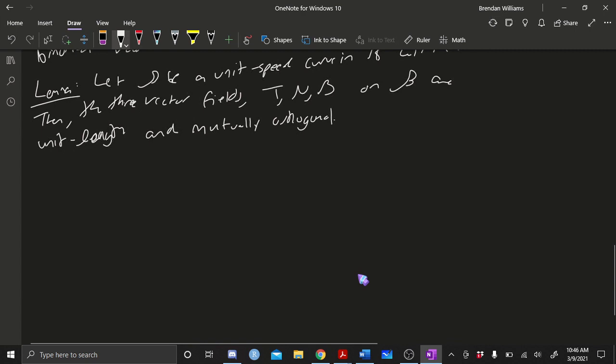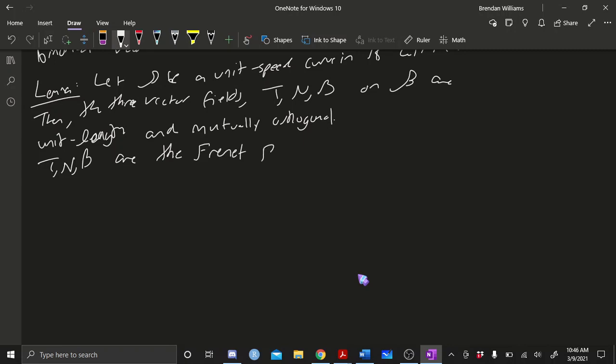Okay, so we call this T, N, B. They constitute the Frenet frame field on beta, of course.